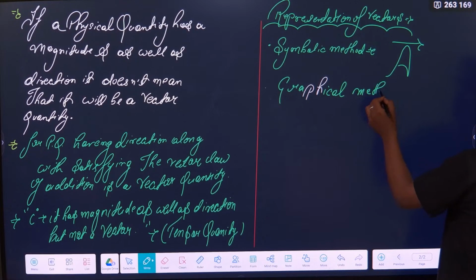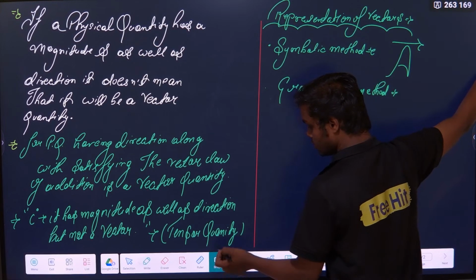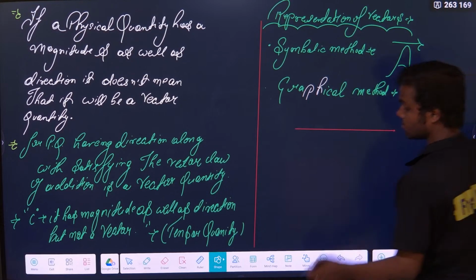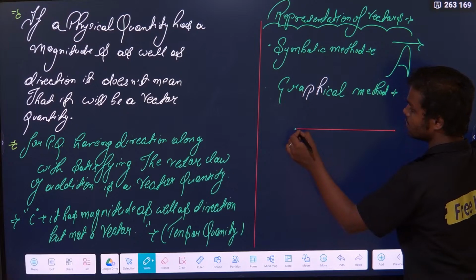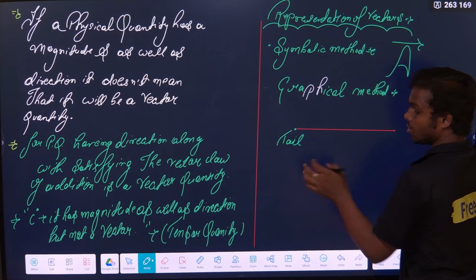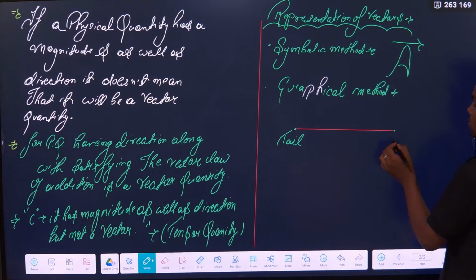Now what is the graphical method? In the graphical method, suppose I have a vector, how will I represent it? The representation is very simple. It's like an arrow where this end is called the tail. Okay, tail means the behind point, and this is called the head. The arrow is called the head.